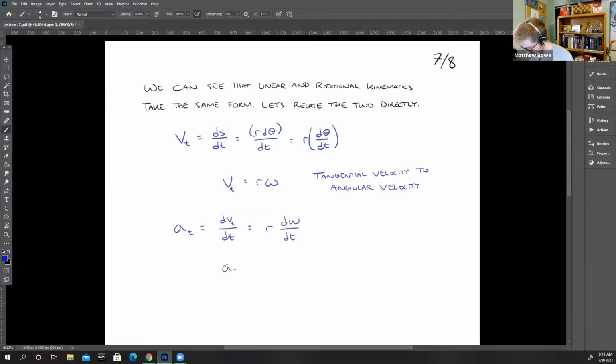So ultimately, this tangential acceleration is just the radius times the angular acceleration. Tangential acceleration to angular acceleration.